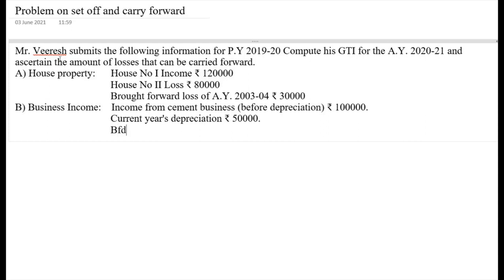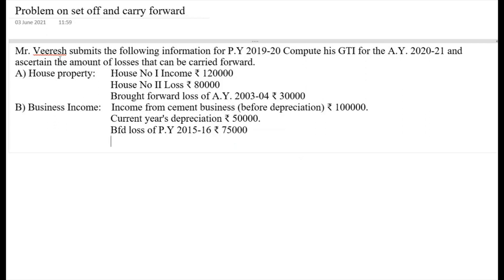Brought forward loss of 2015-16 of previous year 2015-16, rupees 75,000.